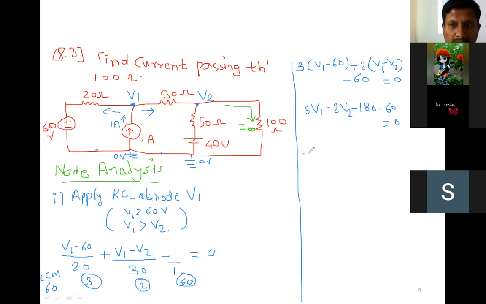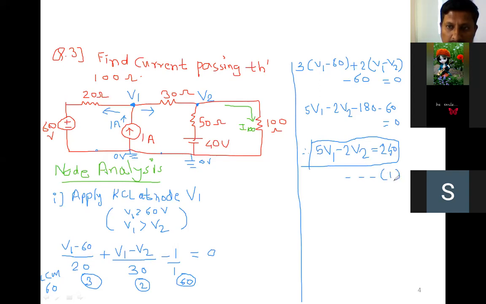So the equation will be 5V1 minus 2V2, and 180 and 60 make minus 240, goes to the right hand side, becomes plus 240. This is your equation number 1: 5V1 minus 2V2 is equal to 240.